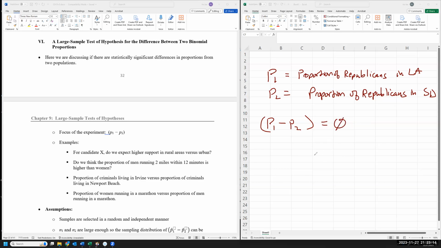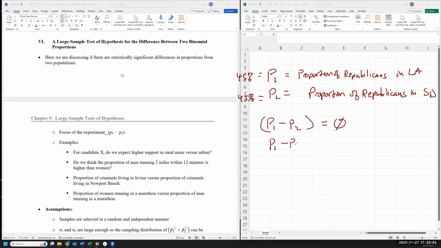There's the same fraction of Republicans in LA relative to its population, say 45%, and 45% in San Diego relative to its population. That means there's no difference in the proportion of Republicans in LA compared to its population and in San Diego compared to its population.